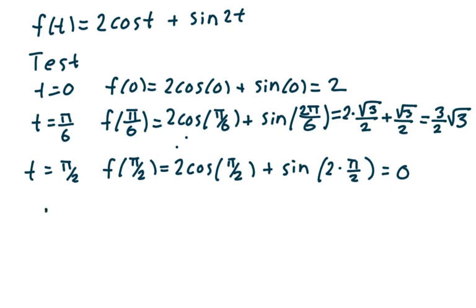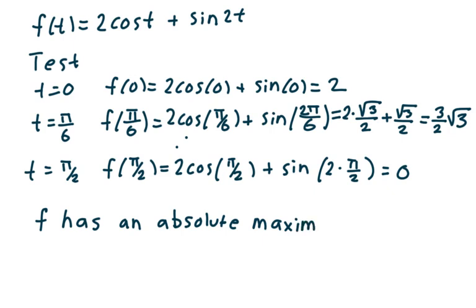And so what that means is f has an absolute maximum at f of pi over 6, which is 3 root 3 over 2.